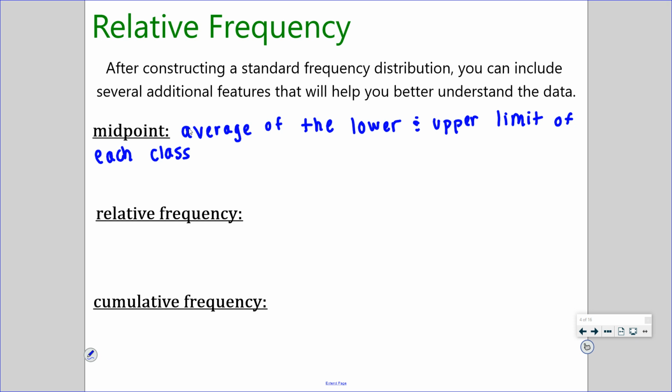Another way you can think of this, like a formula, if you will, is you take your lower, I usually start with lower, plus your upper limit in each class, and then you find halfway, so you divide it by 2, or again, you average it.